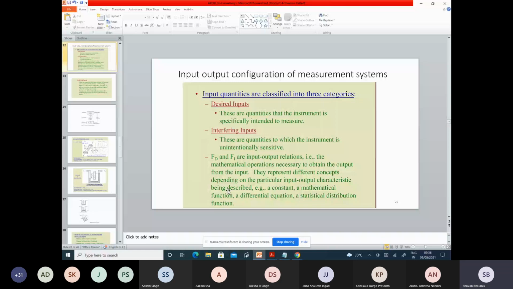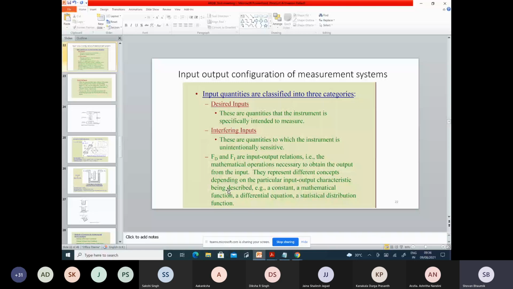So FD and FI are input-output relations, meaning the mathematical operation necessary to obtain the output from the input. They represent different concepts depending on the particular input-output characteristics being described: a constant, a mathematical function, a differential equation. Whenever you say transfer function, it represents a dynamic input-output relationship.